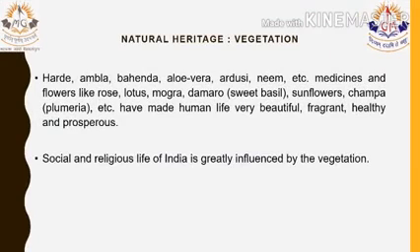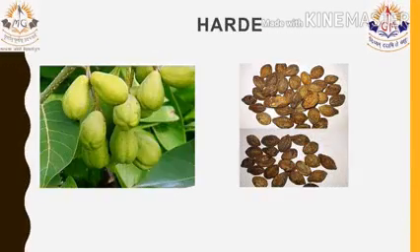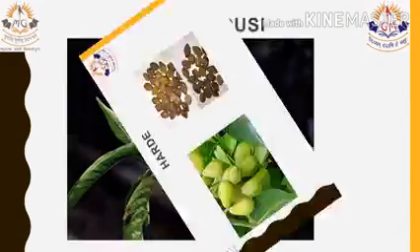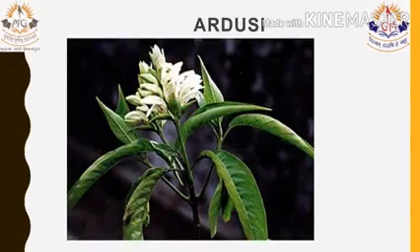For example, harde, amla, baheda, aloe vera, ardusi, neem, etc. There are lots and lots of plants and trees from which we make medicines. Then we have flowers like rose, lotus, mogra, damro, that is sweet basil, sunflowers, champa, that is plumeria, etc. They have all made life very beautiful, full of fragrance, healthy and prosperous.